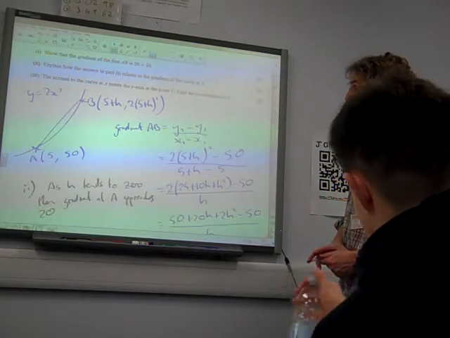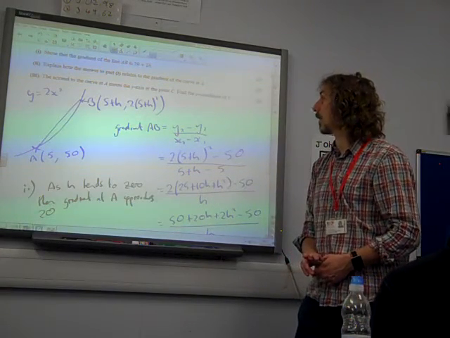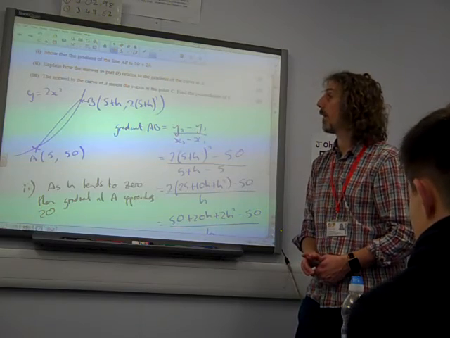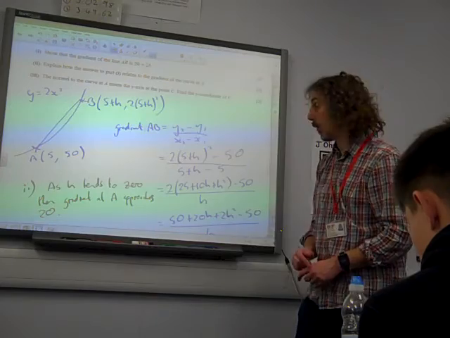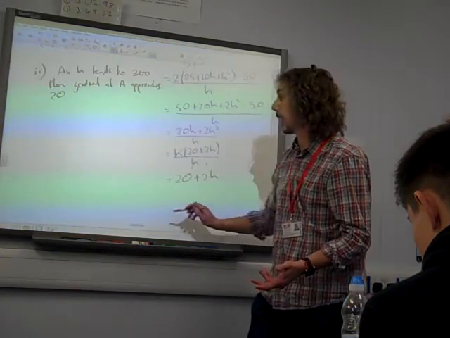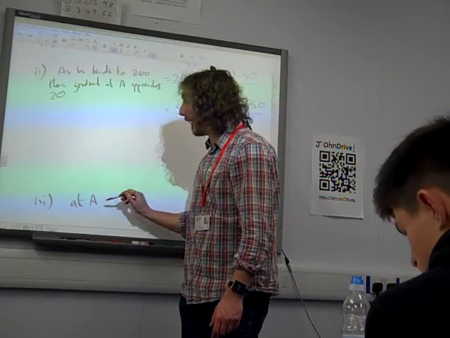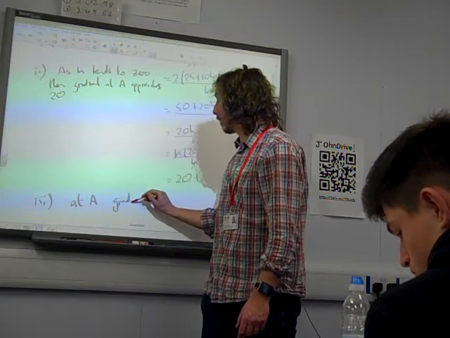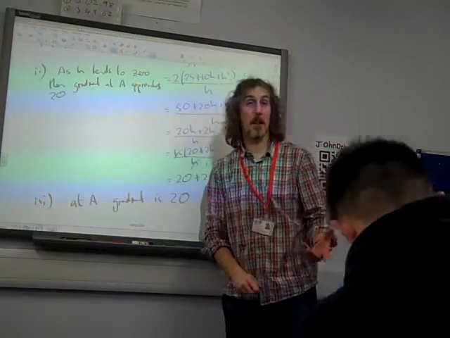Then it says the normal to the curve at A meets the y-axis at point C. Find the y coordinate of C. Well, in that case, if we're going to do this, we need to now know that at A, the gradient is 20. We need to have established that fact.